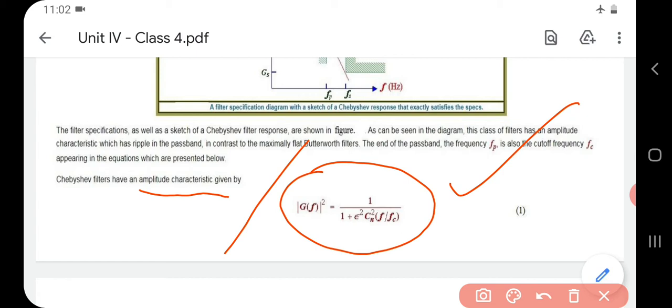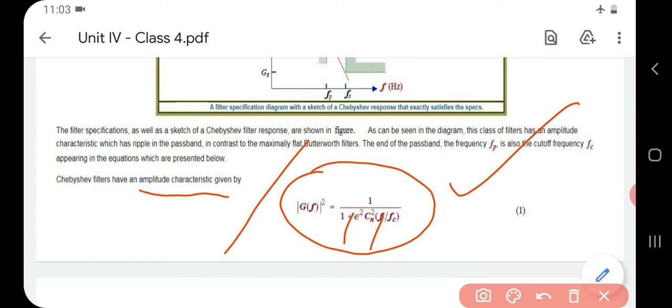Here the unknown terms: epsilon, you know, is the passband ripple. Cn is called a Chebyshev polynomial. And fc is the cutoff frequency. Here you can see an f, which is sometimes called passband frequency in some cases, or generally the normalized frequency.